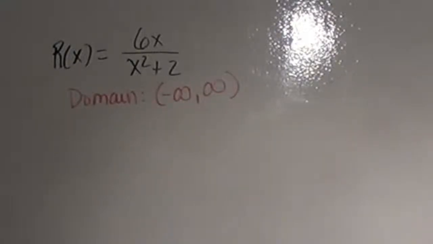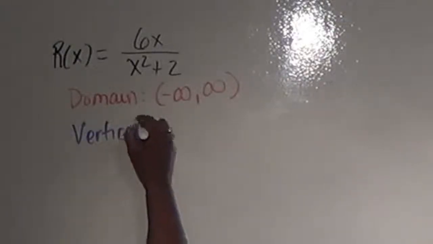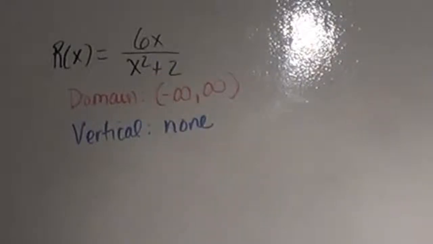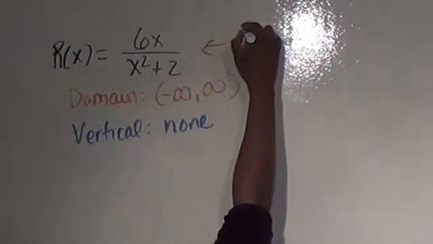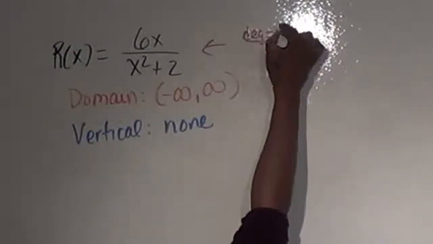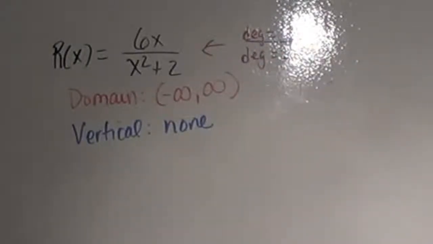There are no places that that's going to go to 0. Okay? Which tells us right away that for our vertical asymptotes, there are none, because there are no places that the function is undefined. Okay? In terms of the horizontal or oblique, okay, we note here degree on the top is equal to 1, the degree on the bottom is equal to 2.